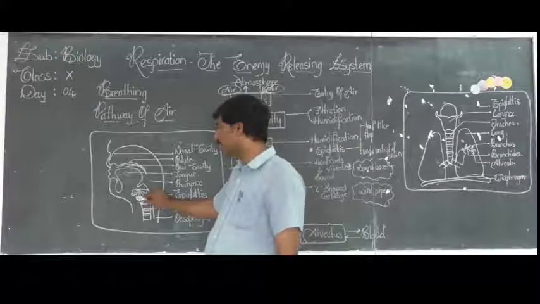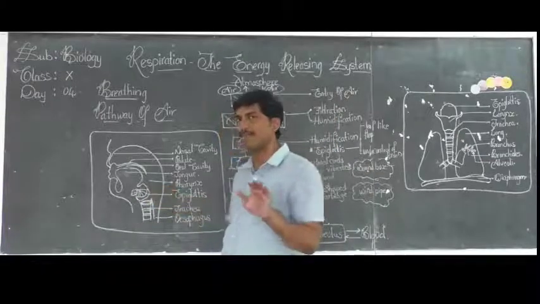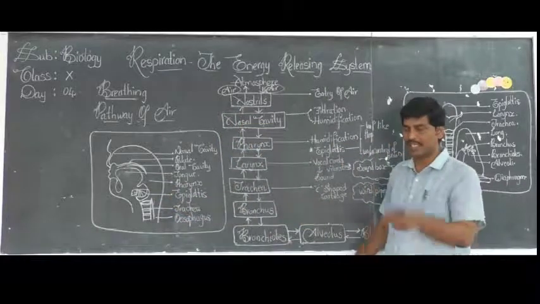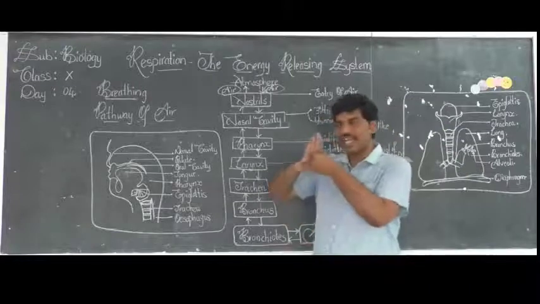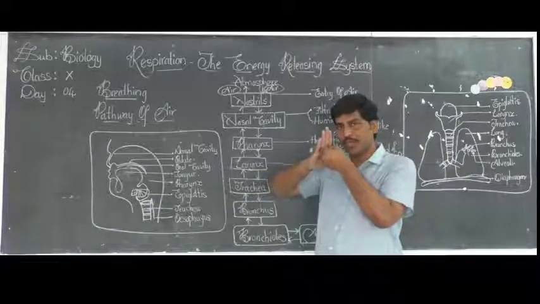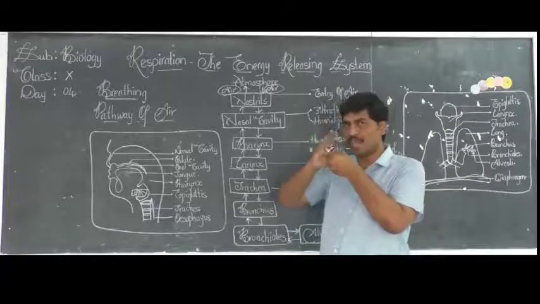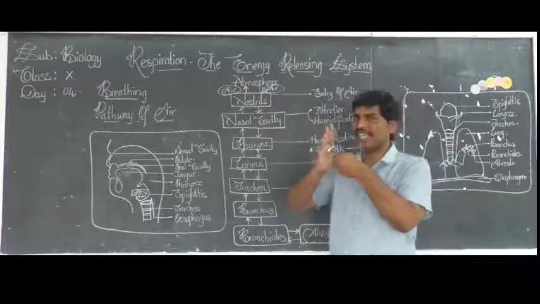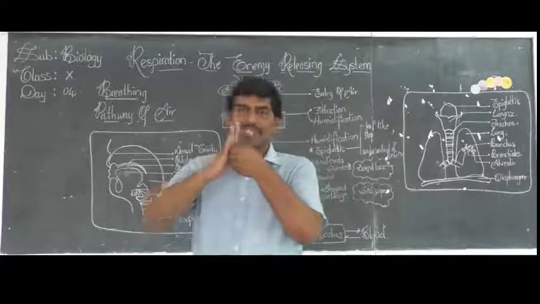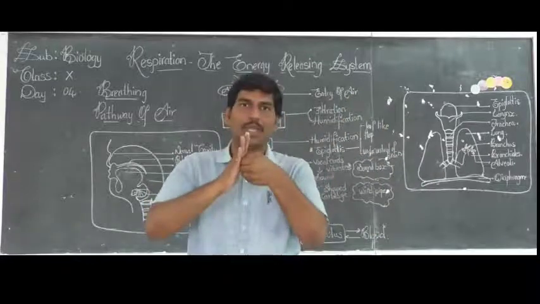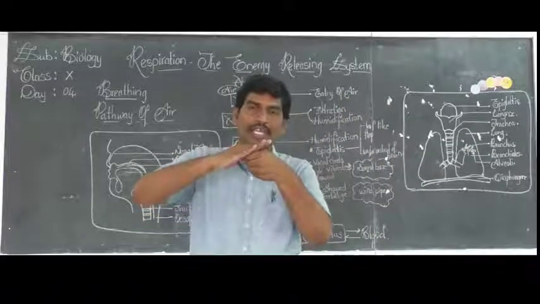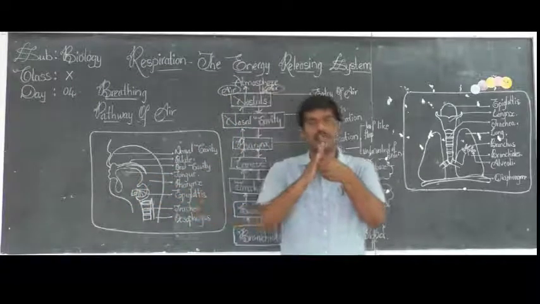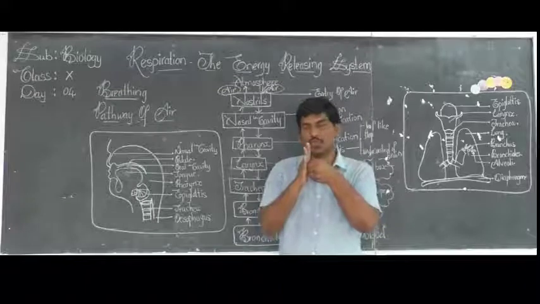This glottis is covered with a flap-like structure which is called the epiglottis. It is a muscular, leaf-like, flap-like structure which is always open, but at the time of swallowing it is partially closed. At the remaining time, it is open.